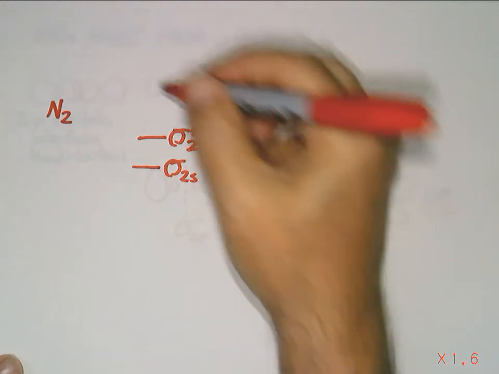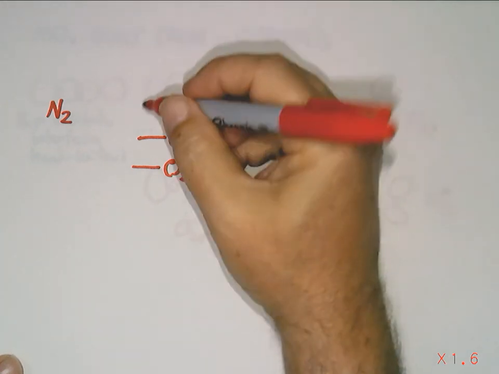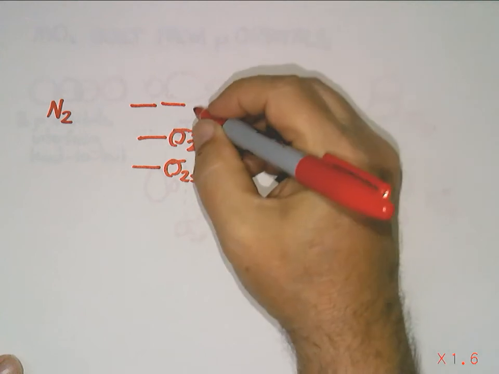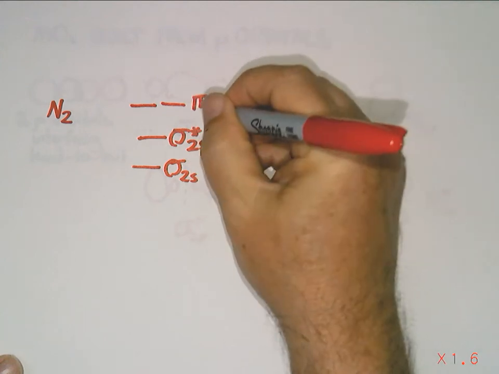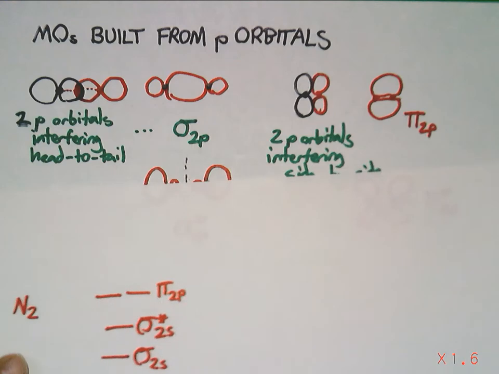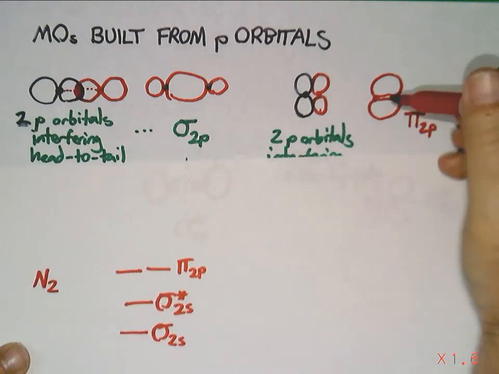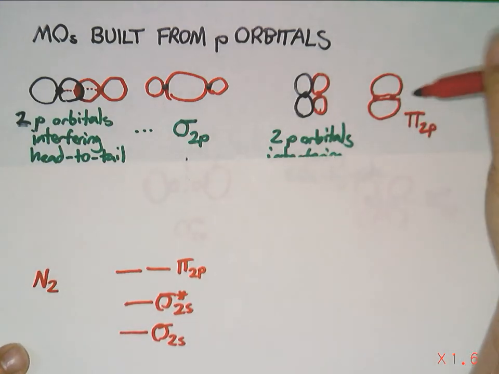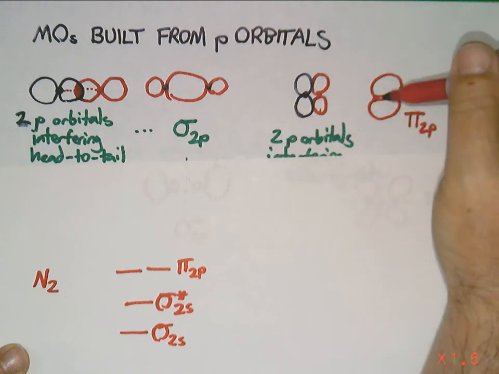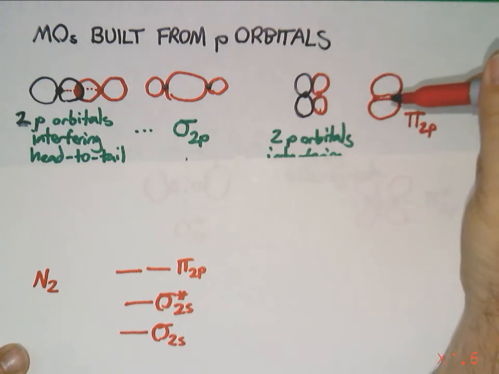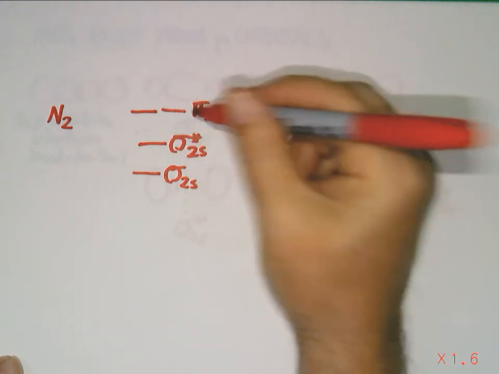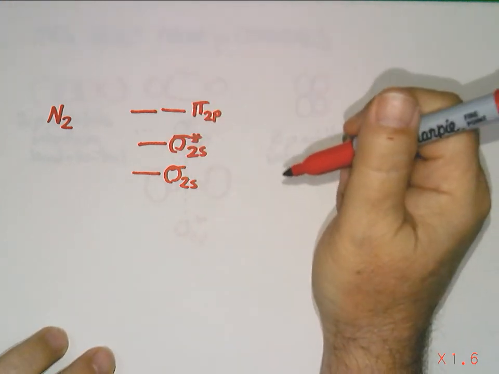And then for your p, you've got two pi 2p's. Now, look at the pi 2p. We've got one in the plane of the paper. There'll be a second one between another pair of 2p's at right angles to this. And that's the other pi 2p. So there are two pi 2p's there.